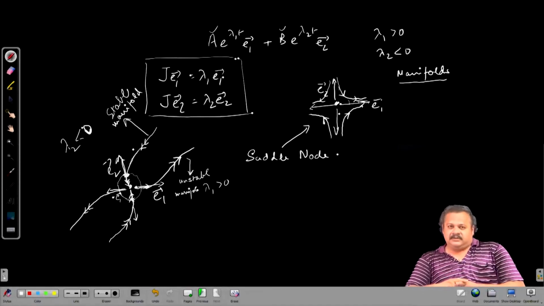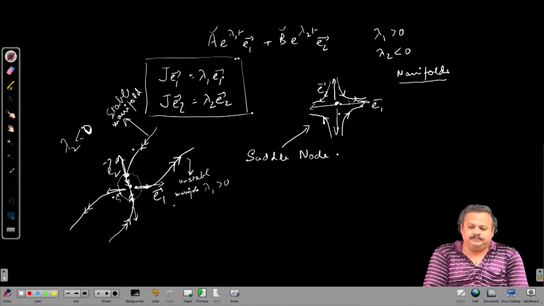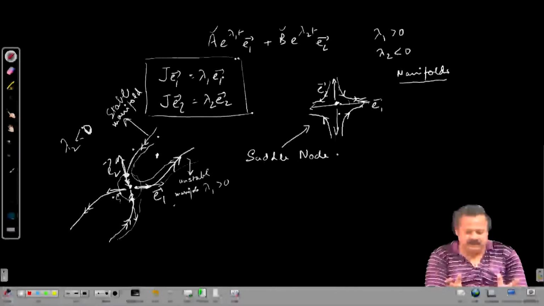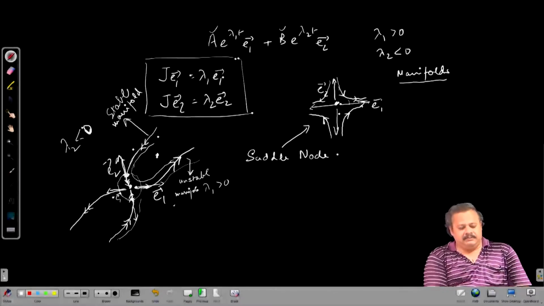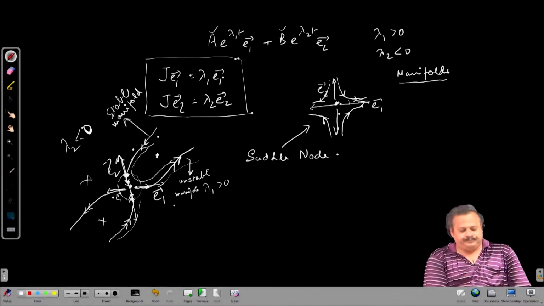Since the manifolds are trajectories, if I start the system here, it is going to be bounded by this manifold within this region. Similarly, if I start the system here, it is also going to remain within this region. Similarly, on the other part, here and here.